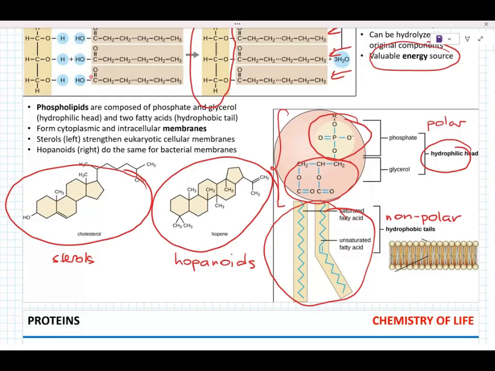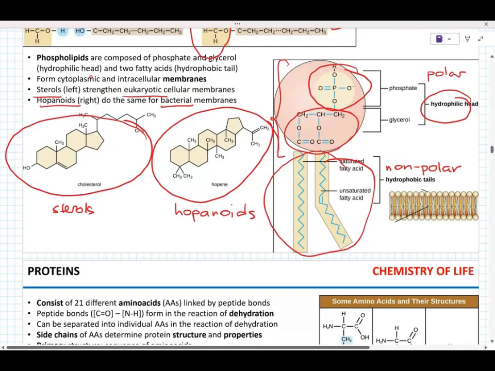If you add sterols or hopanoids, it becomes less rigid, more fluid. All right? So what's the difference between the two? Well, sterols regulate the membranes of eukaryotes. Hopanoids do the same stuff in bacteria. Any questions before we move to proteins?